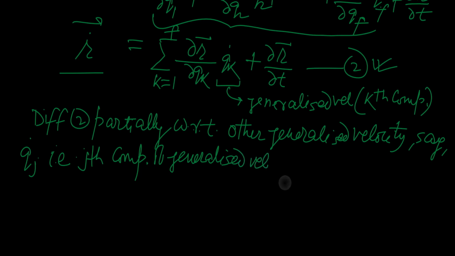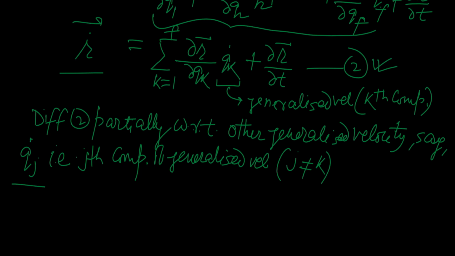When you say other generalized velocity, it means j is not equal to k. We are considering here. So what will be our result? We have to differentiate this equation 2 partially with respect to qj dot. See here, this is qj dot.